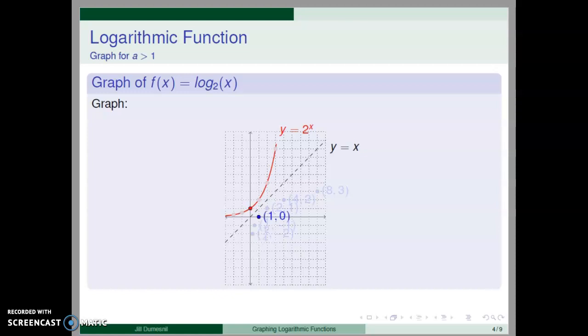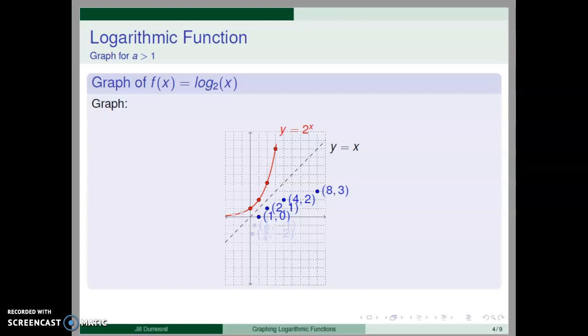Instead of (0, 1), the logarithmic function contains the point (1, 0). Similarly, the point (2, 1) is on the graph, as are the points (4, 2) and (8, 3).